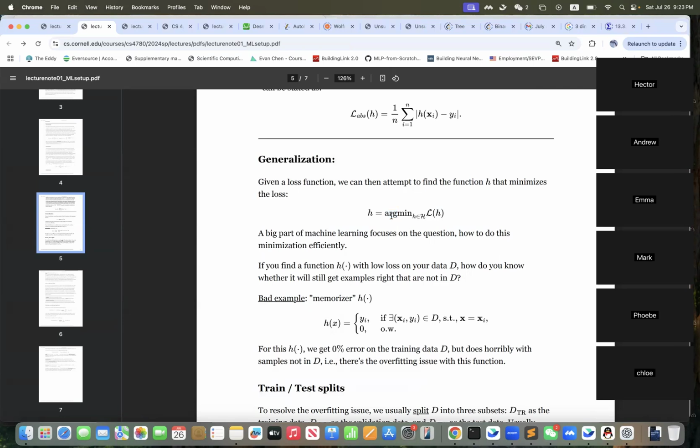So argmin is a concatenation of two words, by concatenation I mean put together: argument and min. It's finding the argument, and the argument refers to this h. So it's trying to find an h, a changing variable, that minimizes the loss, right?